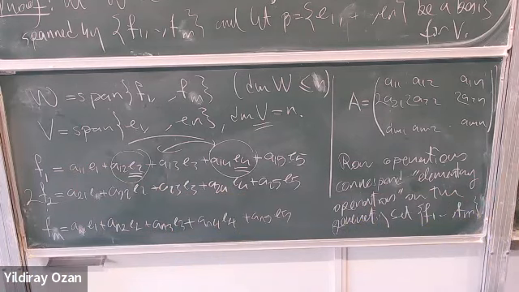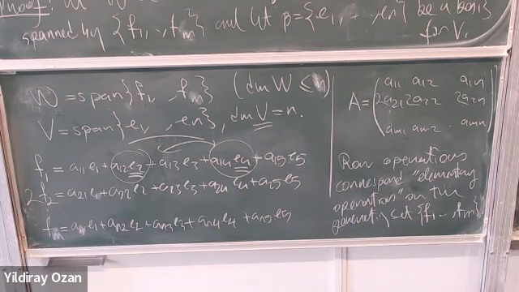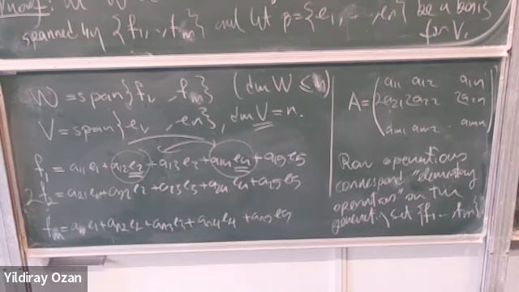And what about an operation like this? Let me just, for simplicity, this is the basis of the ambient space. And suppose I do this. Let's say I want to write this. So what happens?